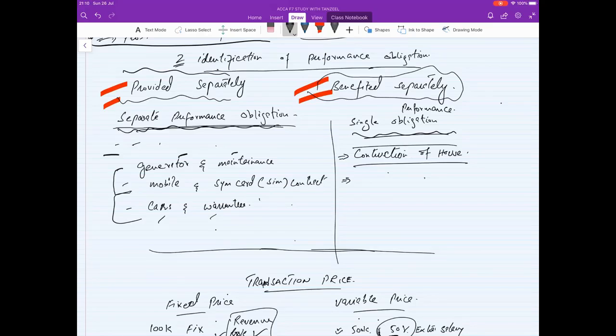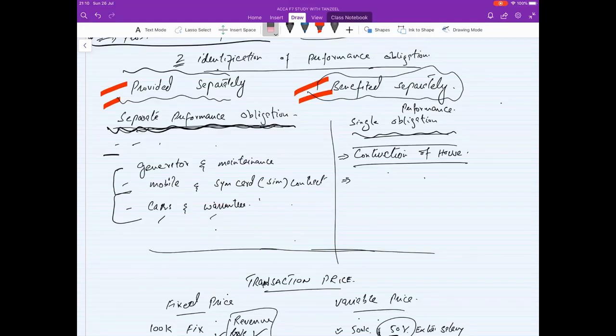I'll give you an example of a separate performance obligation. Like I'm a shopkeeper, I sell generators and maintenance.